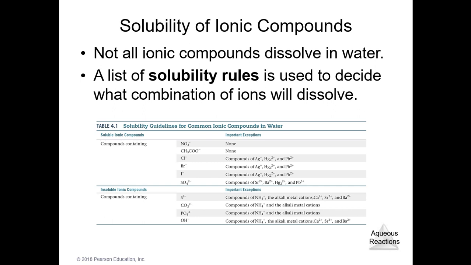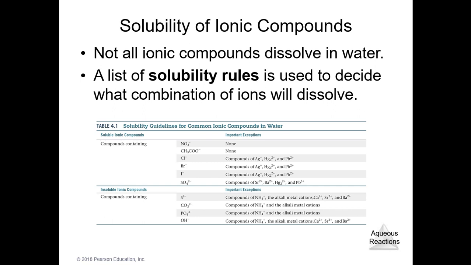I don't look at this chart. I know whether a compound is soluble or not because I use a simple trick. Any compound with group 1, remember the periodic table: lithium, sodium, potassium, rubidium, cesium.